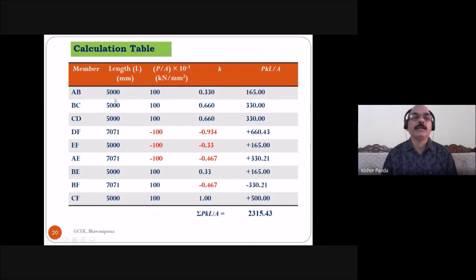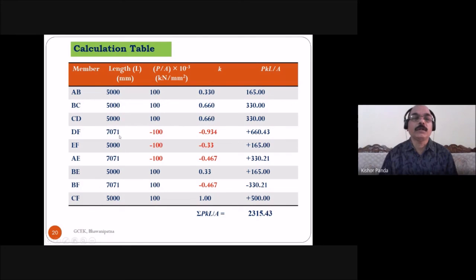Then find out the deflection using this table. This column indicates the members of the truss, this is the length of all the members, and this is the P by A. You know the stress in all the members is given as 100 kilonewton by mm square in the question.